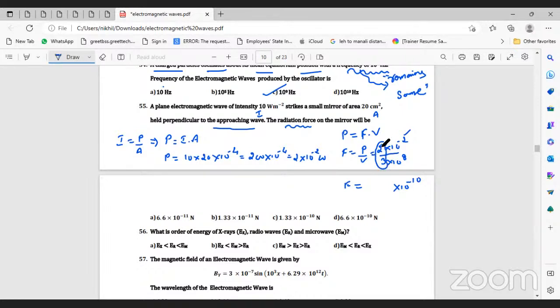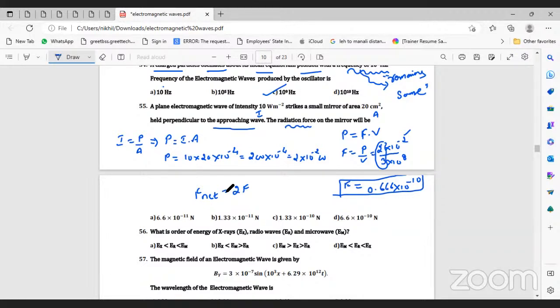What is 2 by 3? 2 by 3 is nothing but 0.66 recurring. Since it is a reflecting mirror, the net force should be, you have to take 2 times now, as I said in one of the previous problems. Because the mirror is having some incident velocity and the emergent reflected velocity.